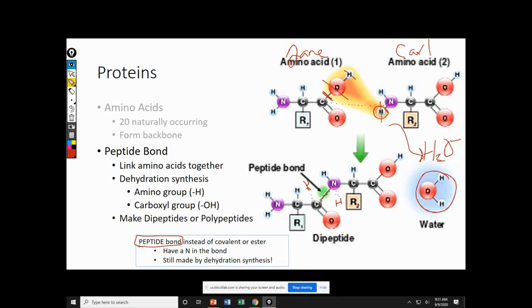Right? Remember, we were a covalent bond, we were C to C. We're an ester bond. We were that C to O to C to double bond to O, right? We had our little hat there. Ester bonds from our lipids.